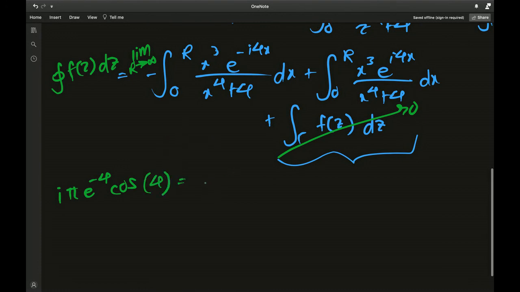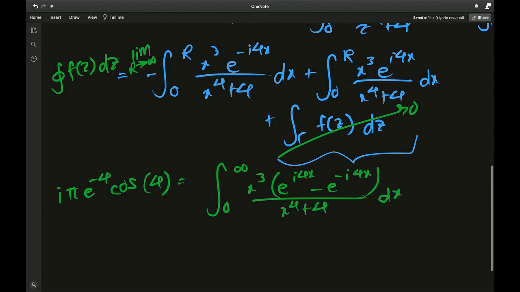Now we have the integral from 0 to infinity of x cubed, I'm combining both of these, e to the i 4x minus e to the negative i 4x, divided by x to the 4 plus 4 dx.